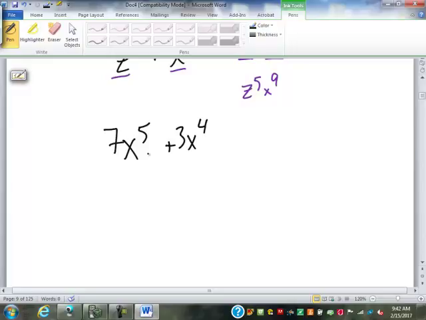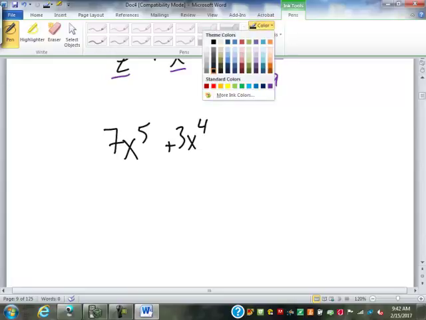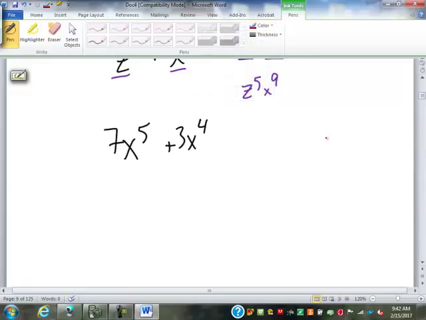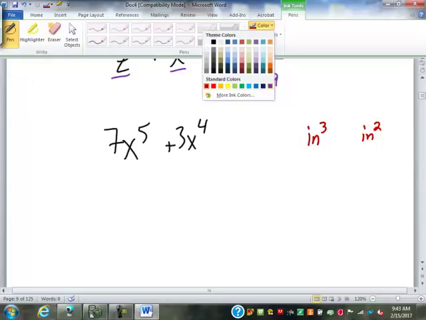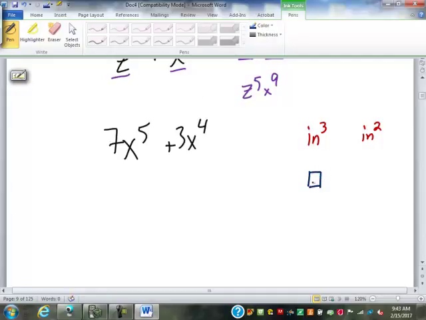Can we add those? Well, when we add, we must have the same name. If you look at variables with powers like that, think of cubic inches and square inches. Are those the same thing? Well, a cubic inch is a unit of volume.